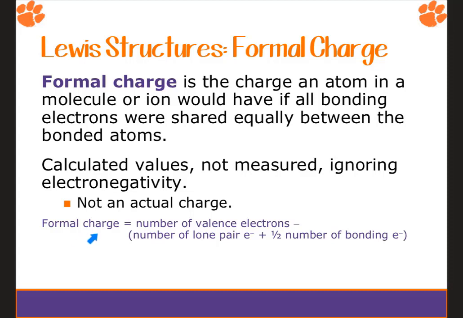So we can calculate formal charge by taking the number of valence electrons present in the atom. Again, this comes from the group in the periodic table. Then you subtract the number of lone pair electrons plus half of the number of bonding electrons. Another way you can do it is to take the number of valence electrons minus the number of lone pair electrons, counted individually, minus the number of bonds.